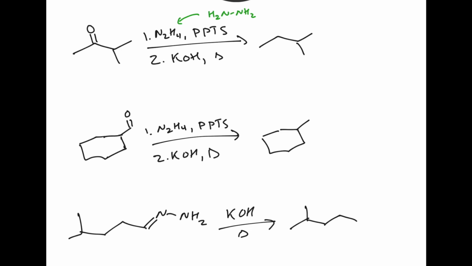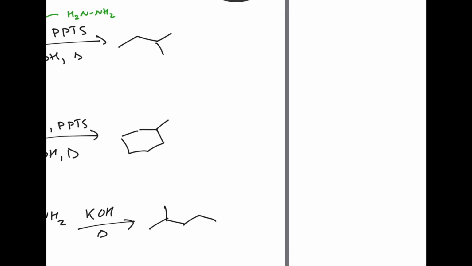So, pretty straightforward. But how would this come up? Why would you need to say, hey, I had this carbonyl, now I don't want it there anymore? The first example I could come up with is, what if you were doing some sort of synthesis and you needed to make a longer carbon chain?